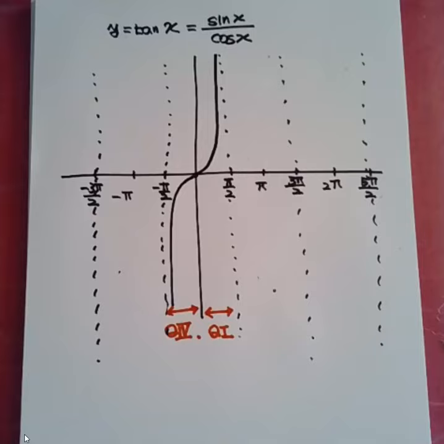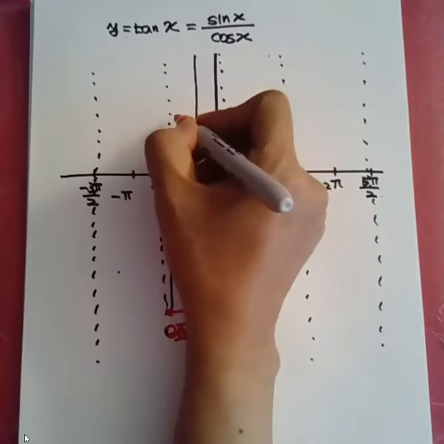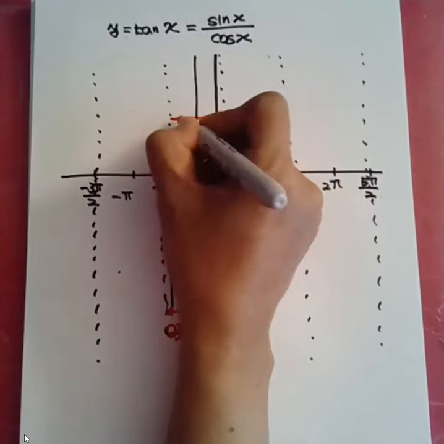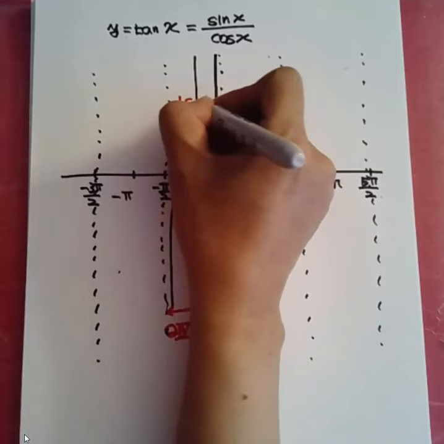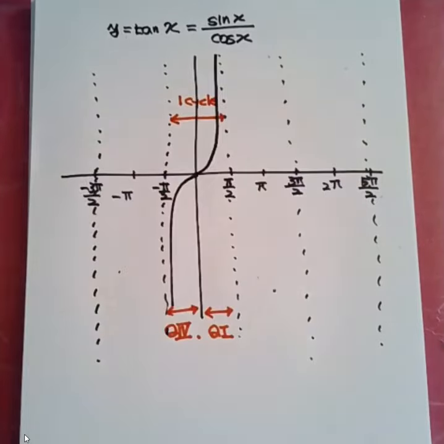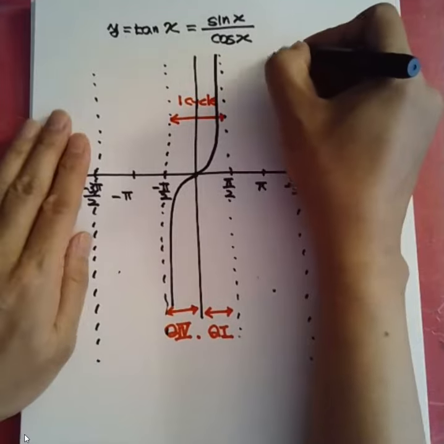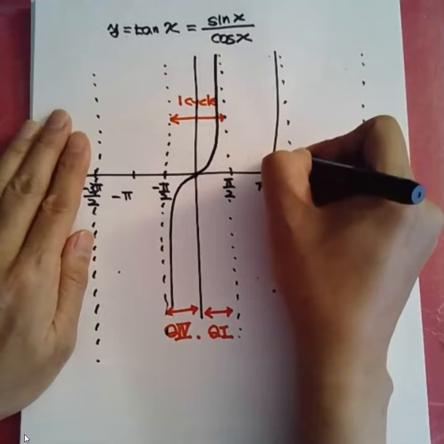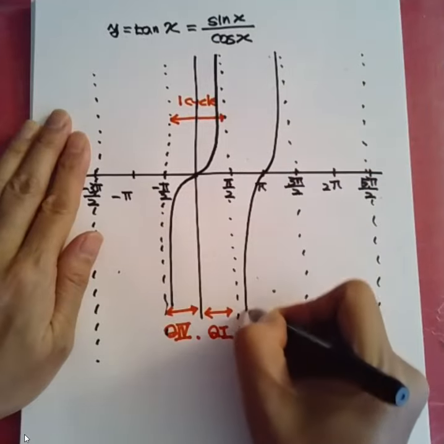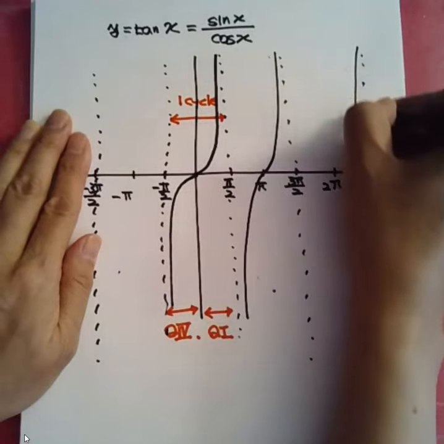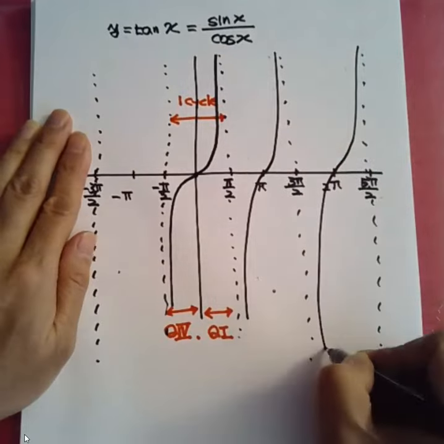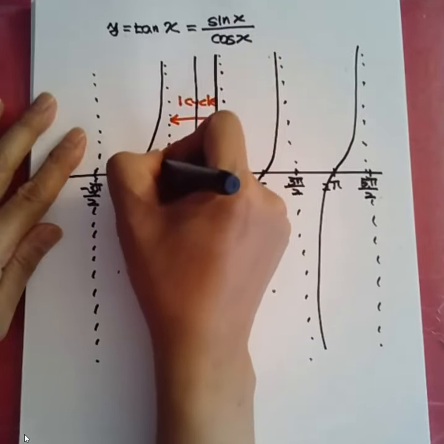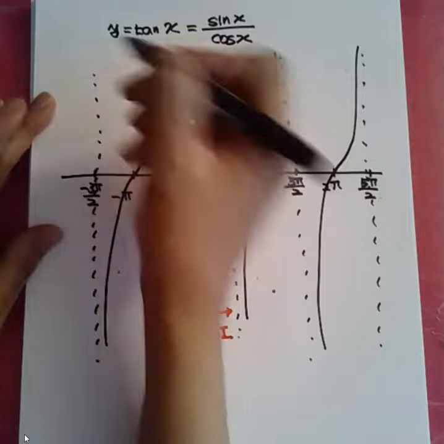When we discuss the tangent graph, this is the one cycle. Because of that, we repeat the same pattern over and over again, like this.